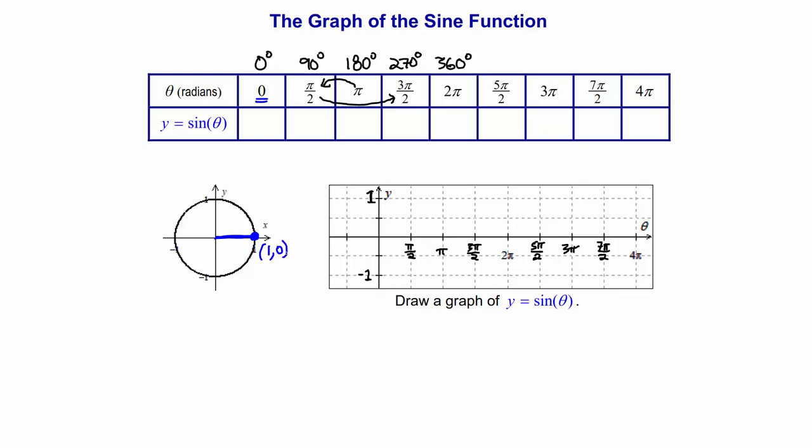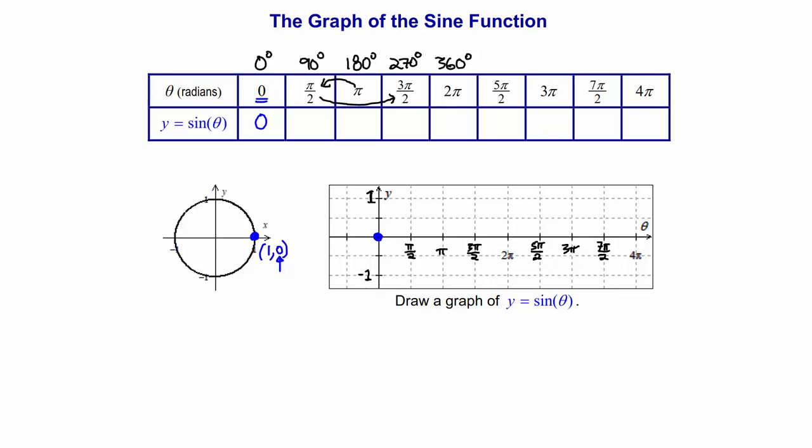And the sine function is the y-coordinate of the point specified by the angle theta. So the y-coordinate here is 0. So we discover that the sine of 0 is 0, and we can plot the point 0, 0 on our coordinate plane.